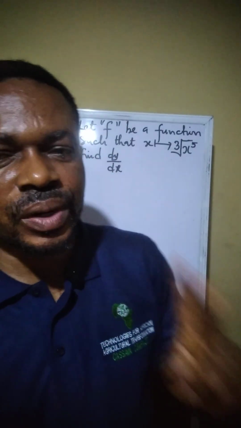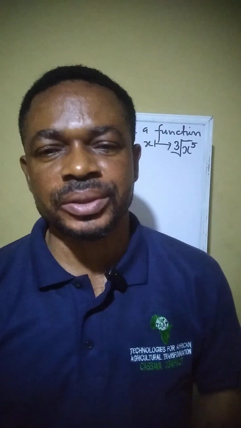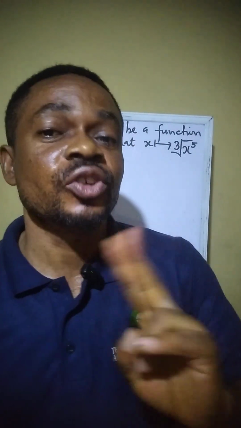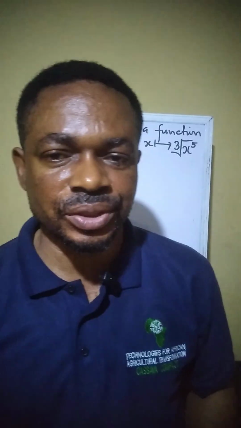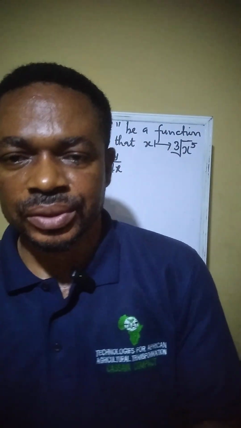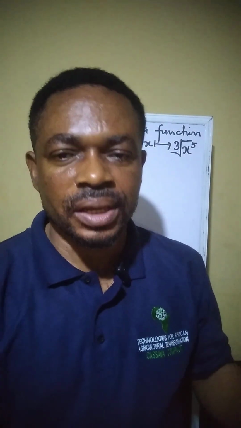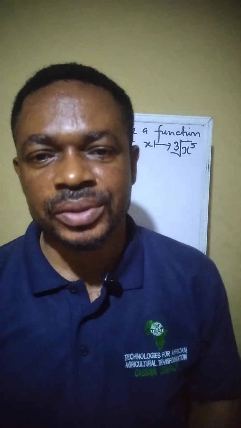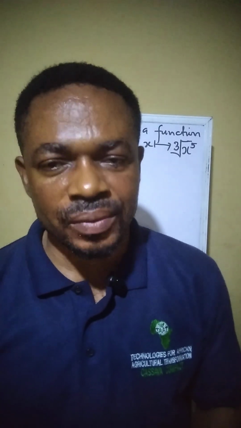By the end of this question, we will learn two methods. The first one is the normal method, which is a differentiation approach. The second one is the shortcut, in case you are writing a professional exam that has to do with objective or CBT. I want you to pay attention to this question. You must understand. Now watch.